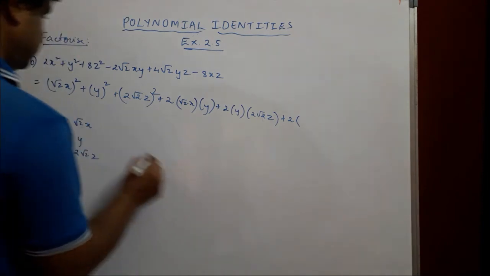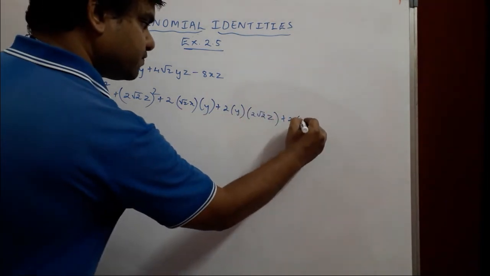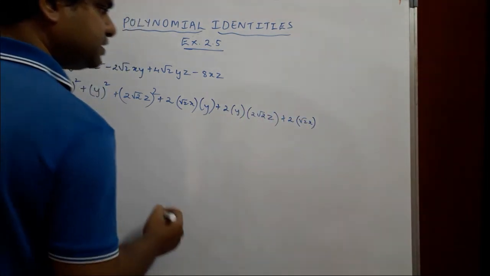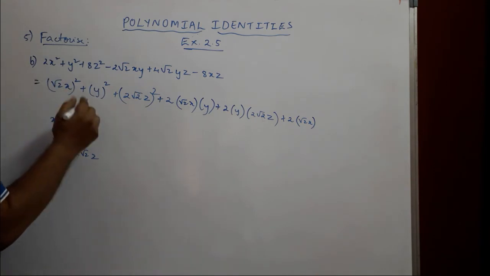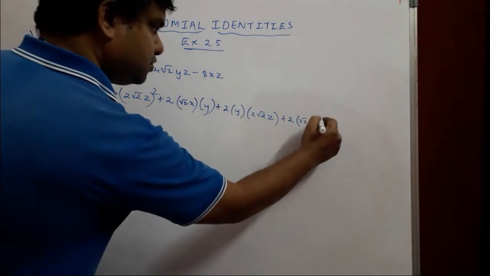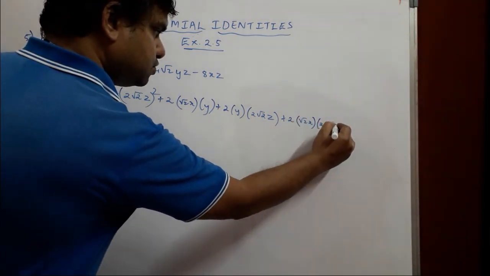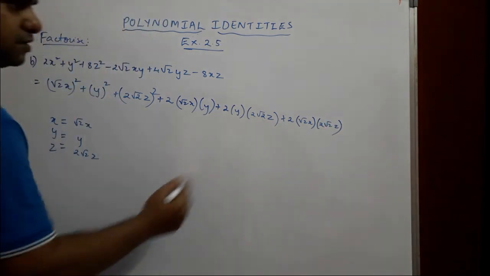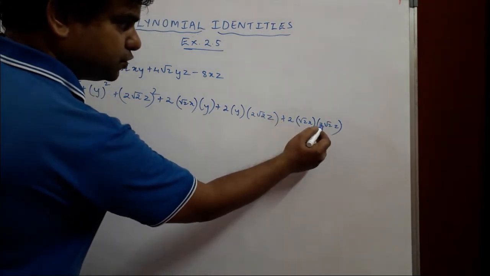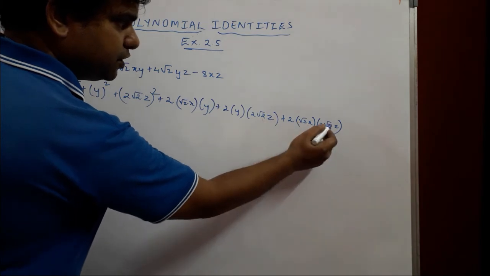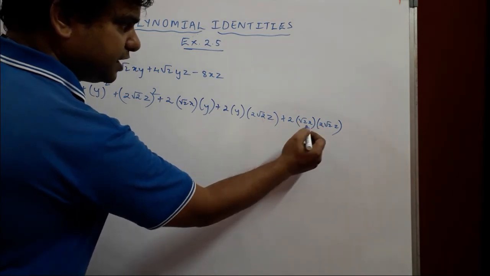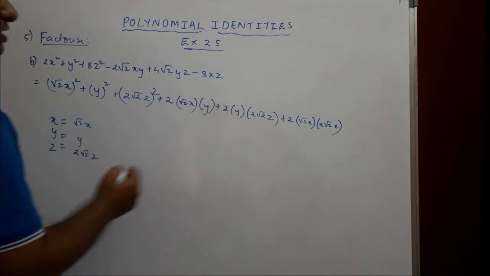So x is root 2x and z is 2 root 2 z. Okay, so 2 into 2 is 4 and root 2 into root 2 is 2. So totally we'll get 8xz. Okay, now this is negative.